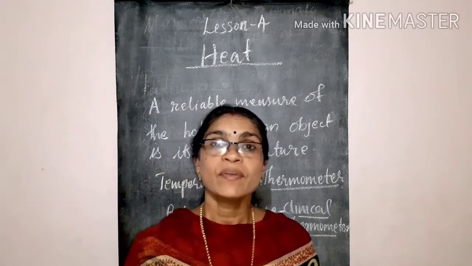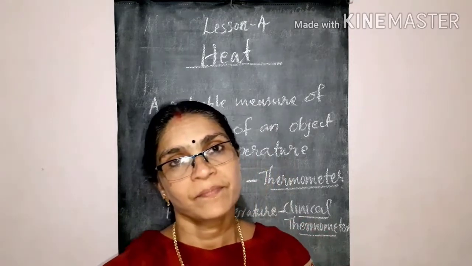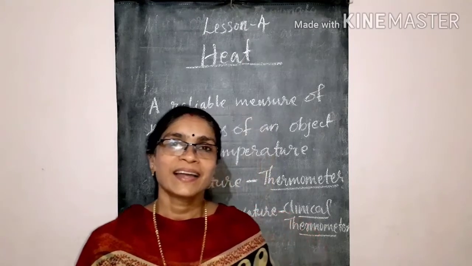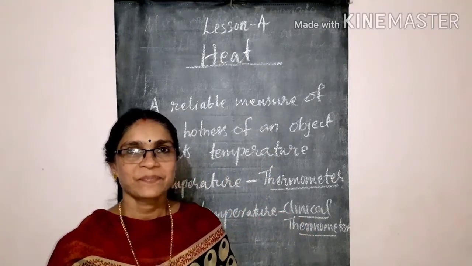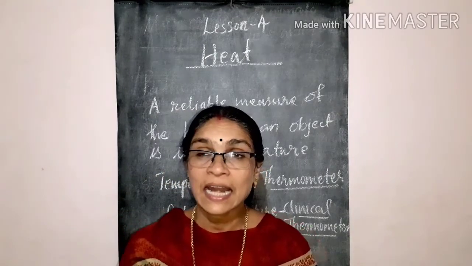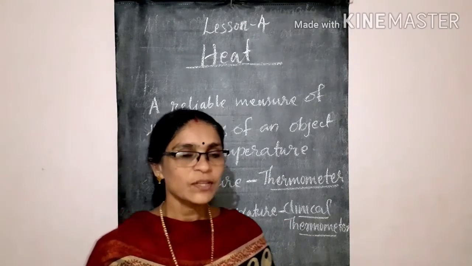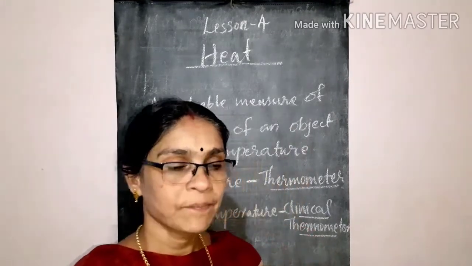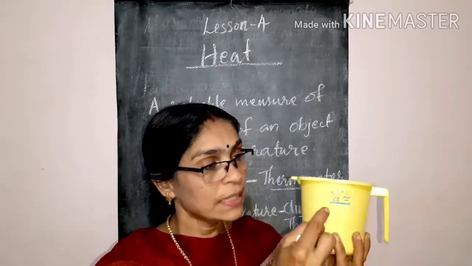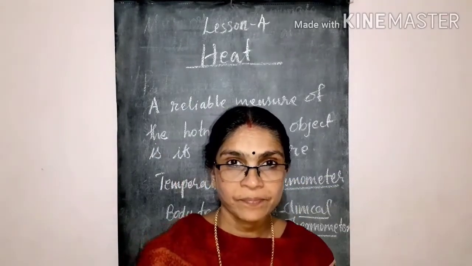But always the sense of touch is not reliable. Let us do one activity. From that we can find the sense of touch is reliable or not. Okay. For that, we have to take 3 mugs and we have to give the names mug A, B, C, like that.